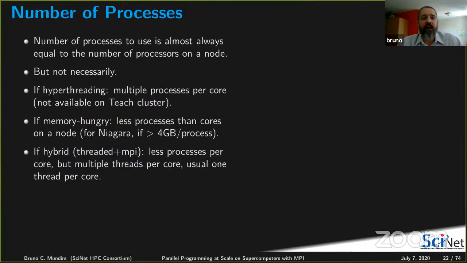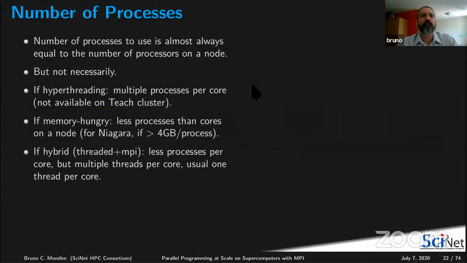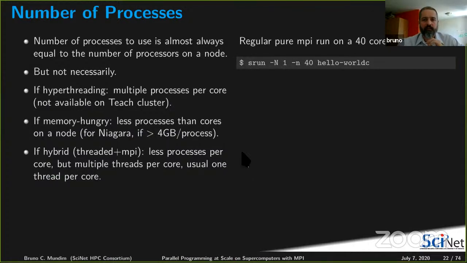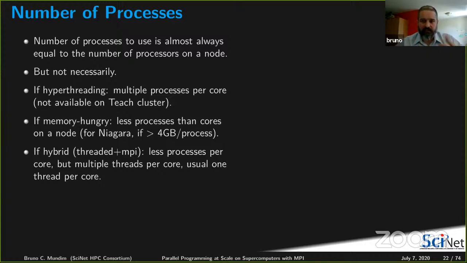Okay. So how do I choose the number of processes? Usually the number of processes is going to be equal to the number of logical cores that you have on your cluster. But that's not necessarily so. If your cluster has hyper-threading, for example, there are hardware threads, so you can have multiple processes per core.